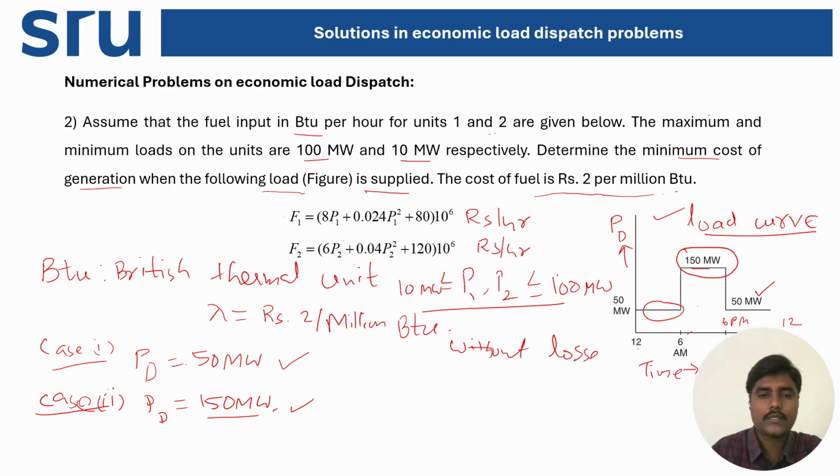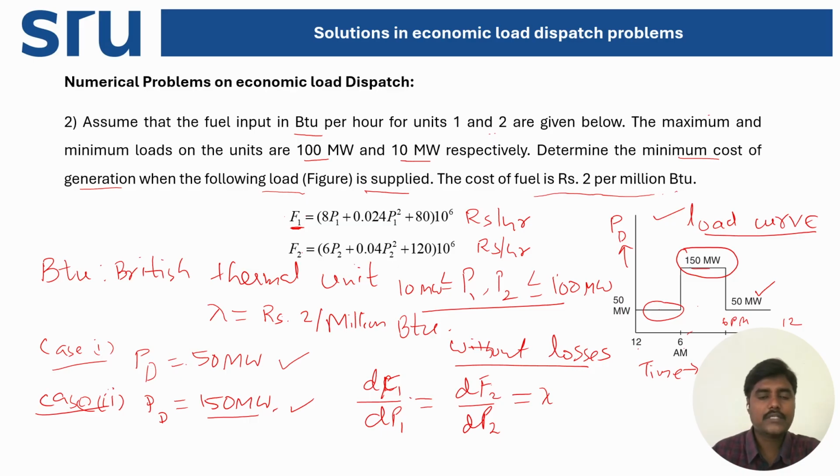When it is the without losses case, the condition for economic load dispatch, as we know already, is dC1 by dP1 is equal to... Here, instead of C, I am taking it as F, because in the problem the cost is represented as F. So you can change the notation accordingly. So dF1 by dP1 is equal to dF2 by dP2, which is equal to lambda.